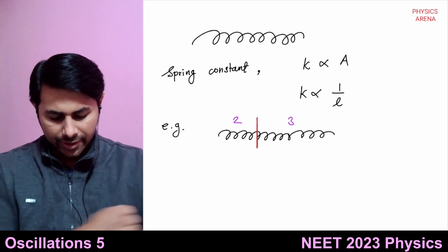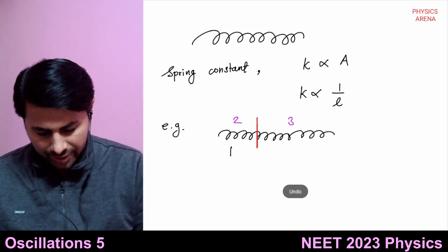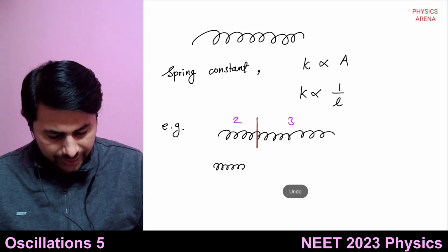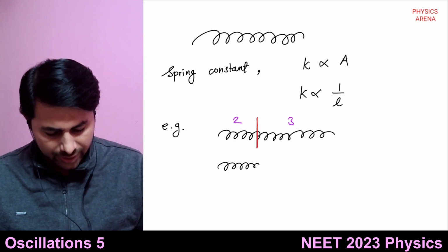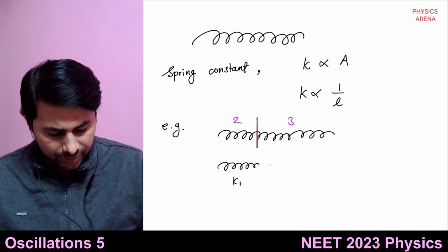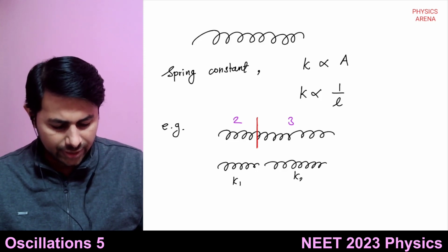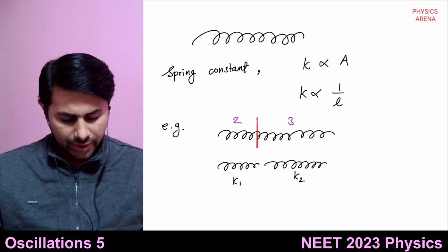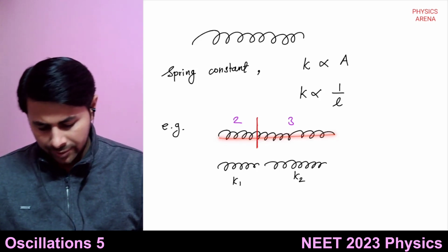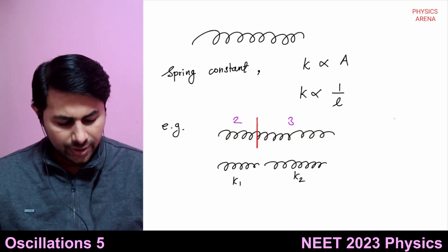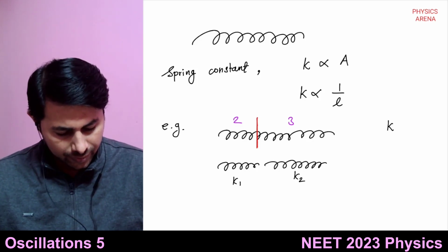Suppose this part now has spring constant equal to K1, and this part has spring constant K2. Total length was L.